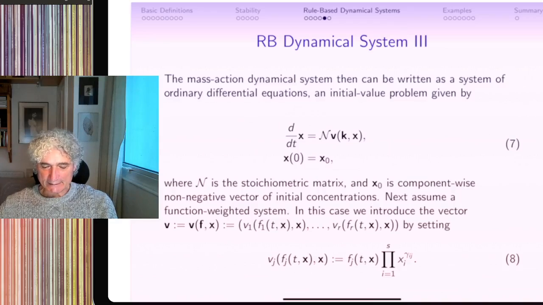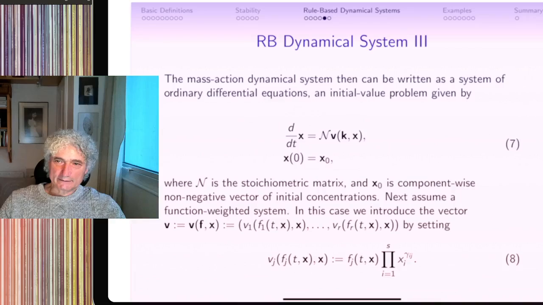So that makes sense that the stoichiometric matrix should appear here in the definition of this first order system of ODEs. And you can also check that the stoichiometric matrix has exactly the right dimension, so you can multiply it with this r-dimensional vector of the reaction velocities v, and this exactly gives you the first order differential equations describing the rule-based systems in a dynamical systems interpretation.